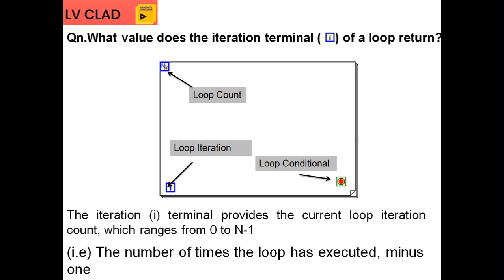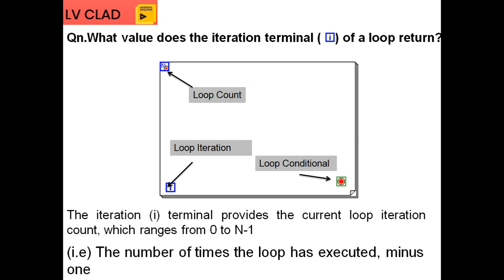So i is always dependent on the n terminal. The iteration value always depends on the n terminal, so the range is from 0 to n minus 1. For example, I have wired 5 to the n terminal. My i value goes 0, 1, 2, 3, 4.